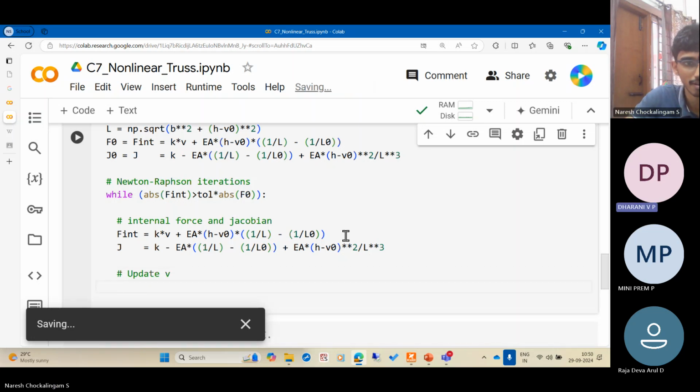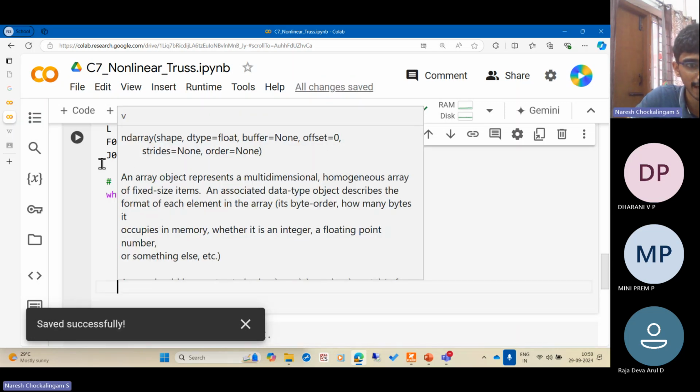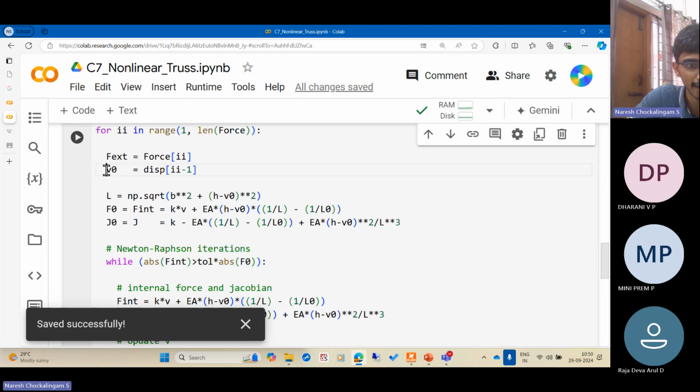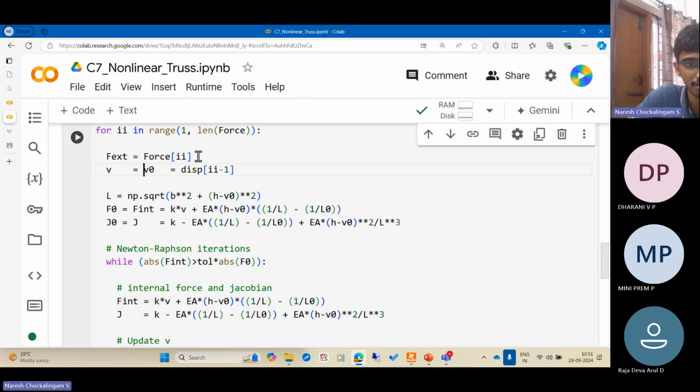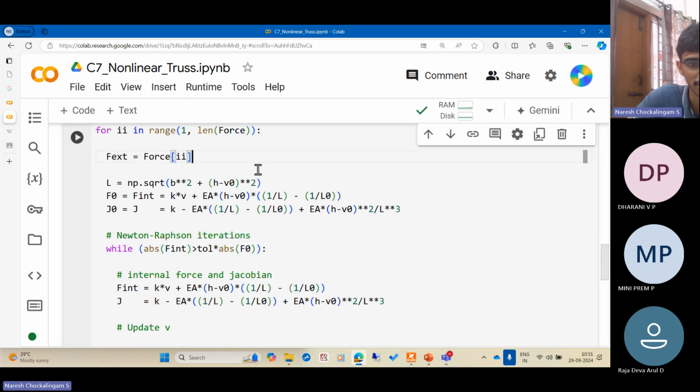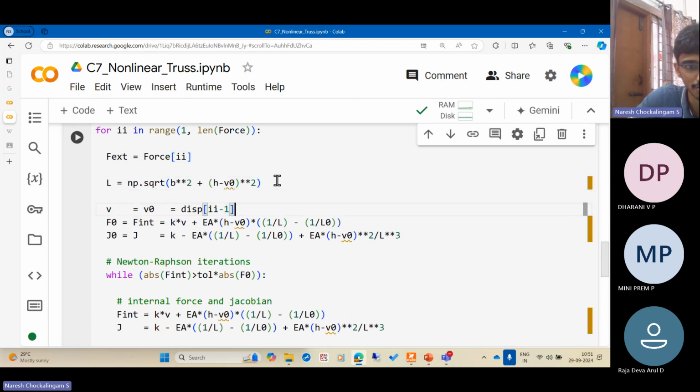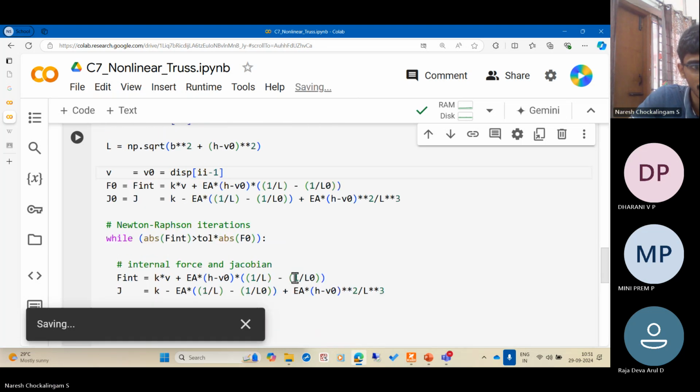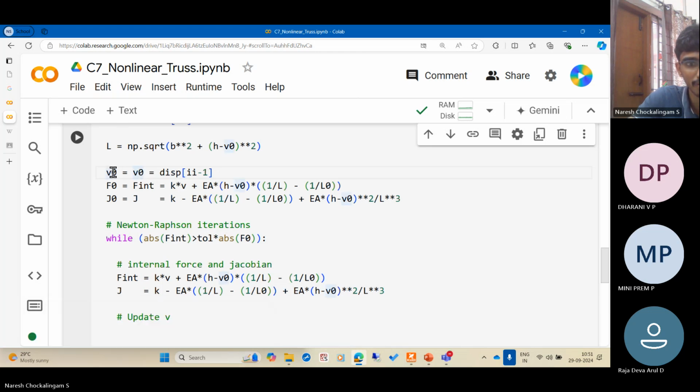Yes. So initially I have an L. This also I can write as V is equal to. So these are the initial values before we start the iteration. So I can put V is equal to V naught is equal to this thing. Or to be consistent, I'll write V naught is equal to V is equal to this thing.